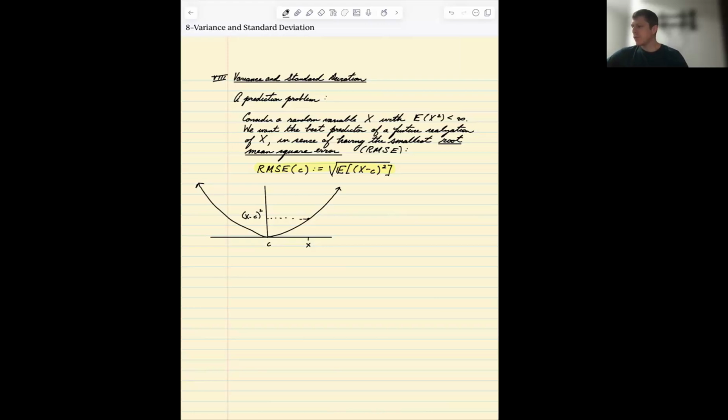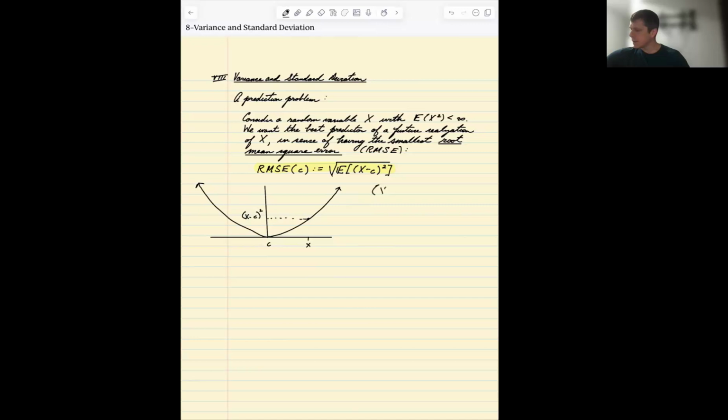And what we want to choose is, well, we can't predict with certainty the value of X. This is why we talked about expectation: X is a random variable. It will vary, but we have a measure in terms of the expectation to give us one number that gives an idea of what a random variable is like. Now we're interested in a random variable which is (X minus c) squared.